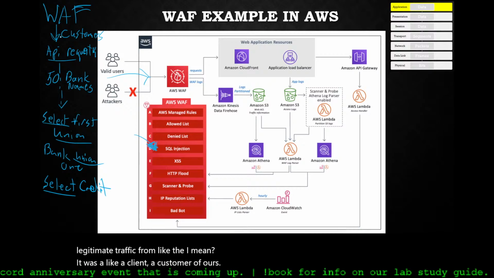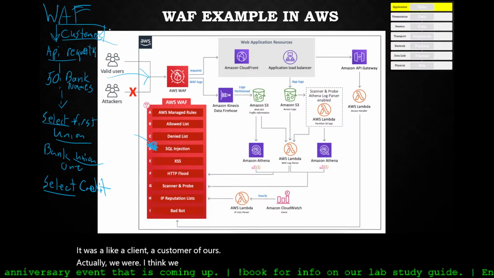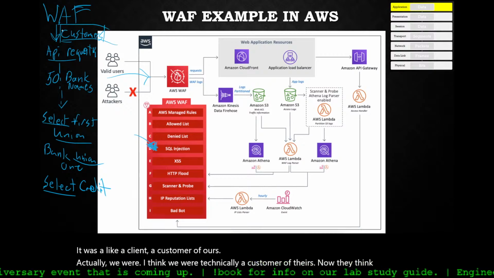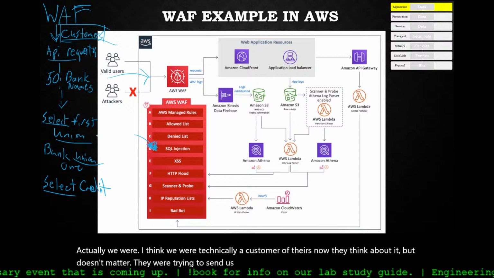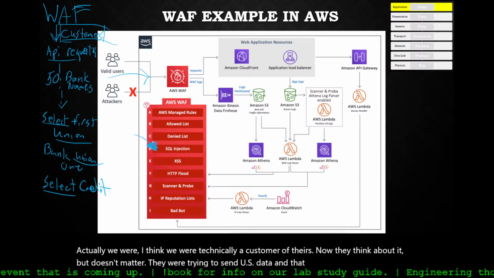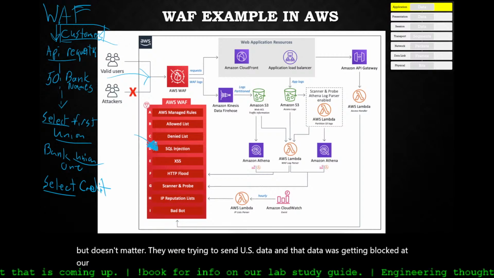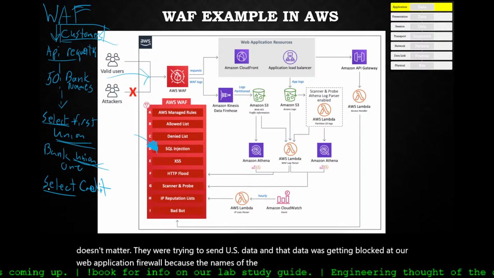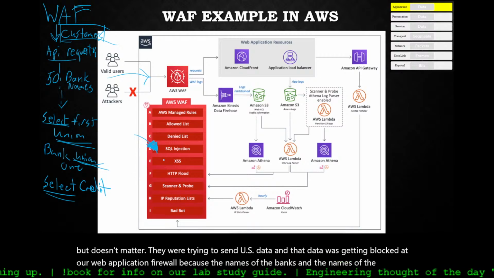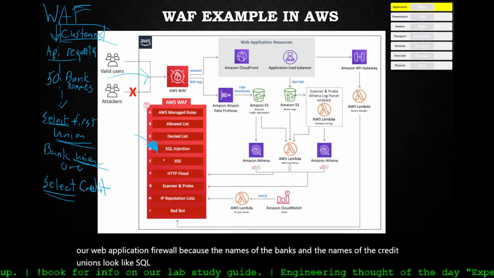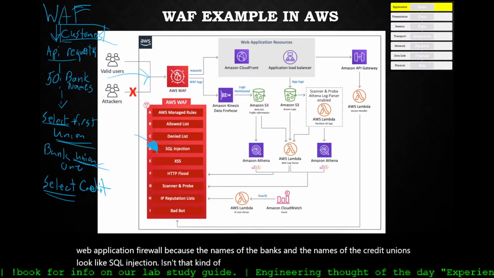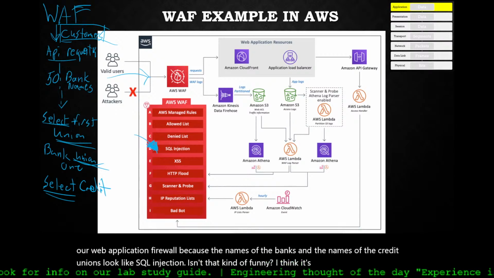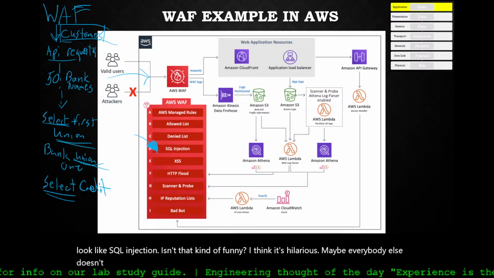Actually, I think we were technically a customer of theirs now that I think about it. But it doesn't matter. They were trying to send us data, and that data was getting blocked at our web application firewall because the names of the banks and the names of the credit unions look like SQL injection. Isn't that kind of funny? I think it's hilarious. Maybe everybody else doesn't think that's that funny, but that's pretty funny to me.